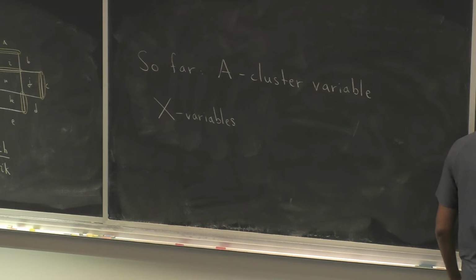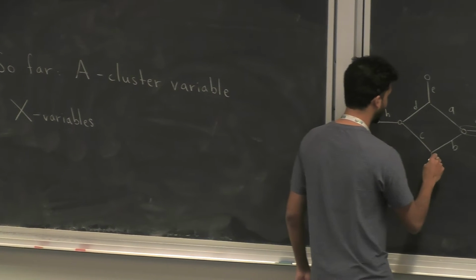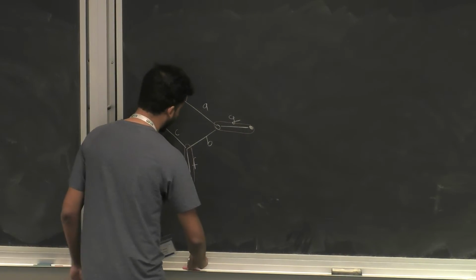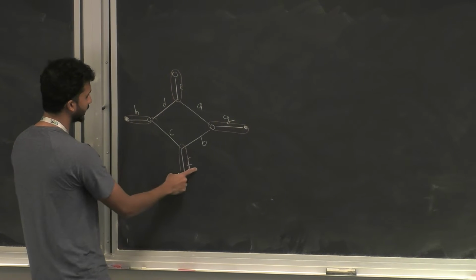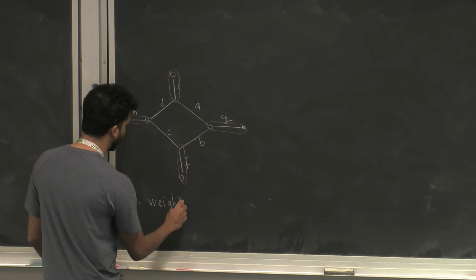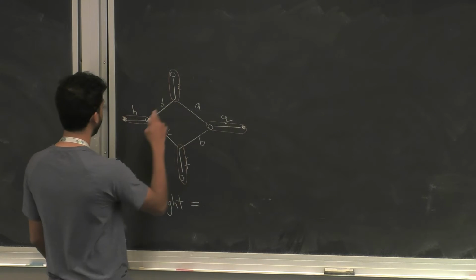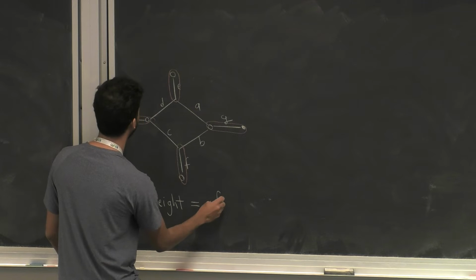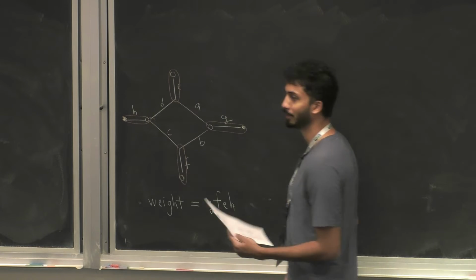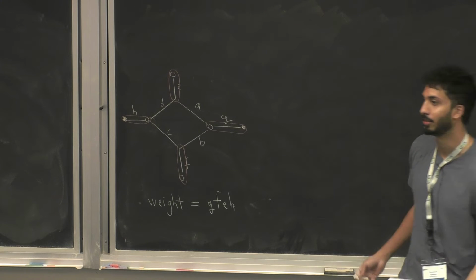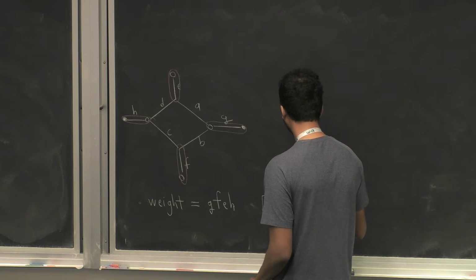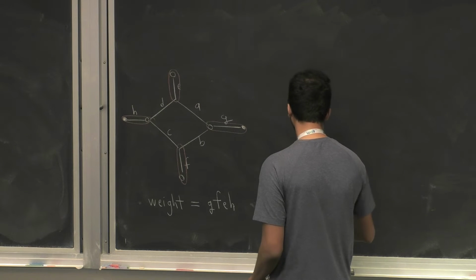If you take a perfect matching of this graph, for example this one, then you would assign it a weight, which is the product of the weights of the edges that appear in it. So this would get the weight G, F, E, H. And then you would put a probability measure on dimer covers according to this weight. So the probability of a dimer cover would be proportional to its weight.